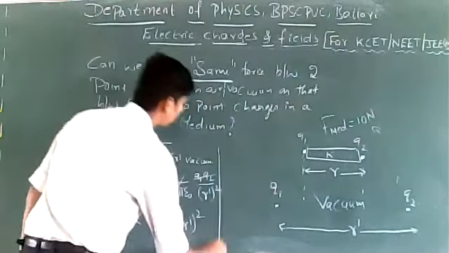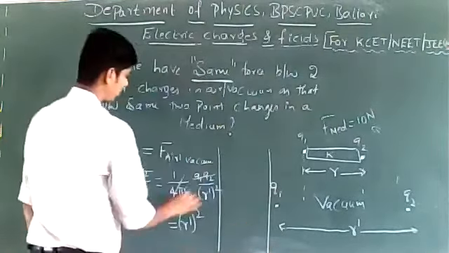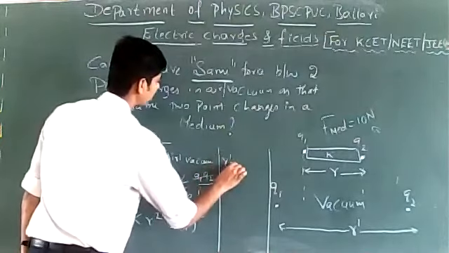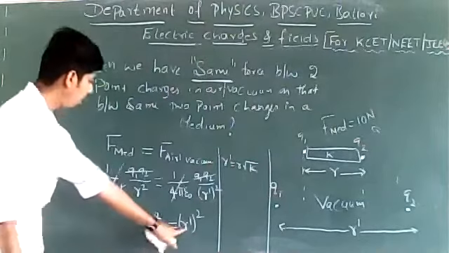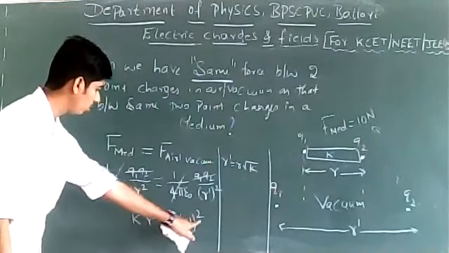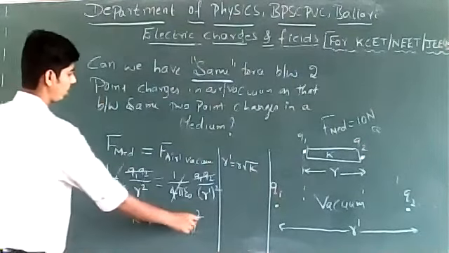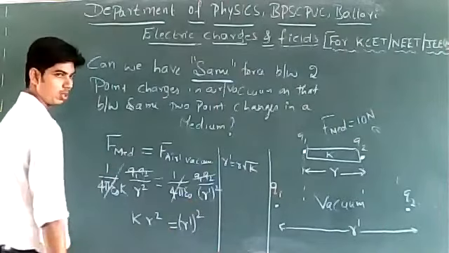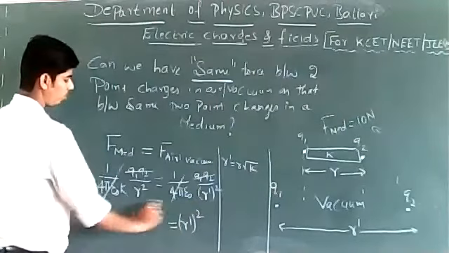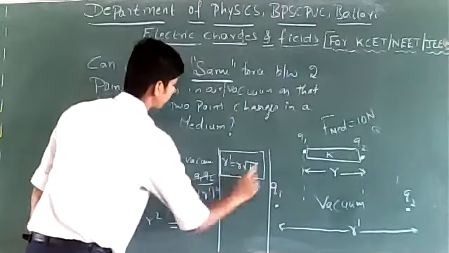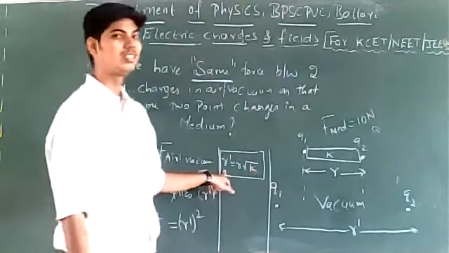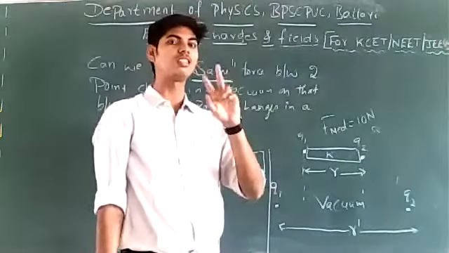From this, I can write r dash equals r root k. Very good. Taking the square root, r dash will be equal to r root k. See, r dash is the distance between two point charges in air.